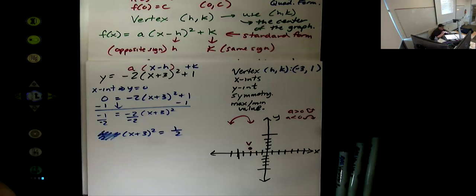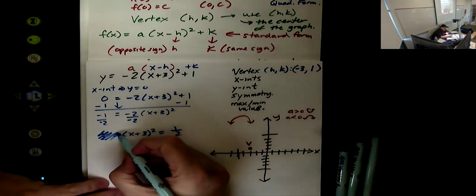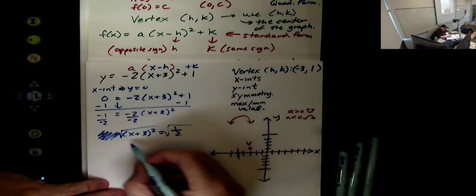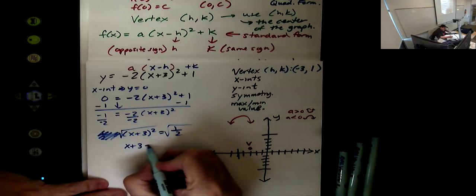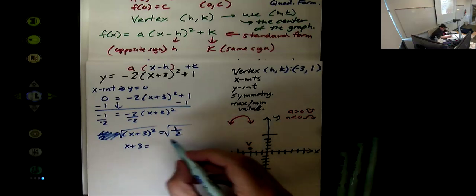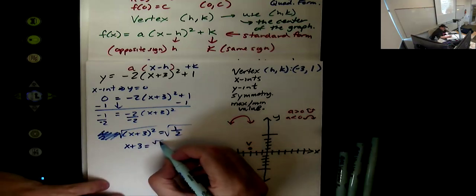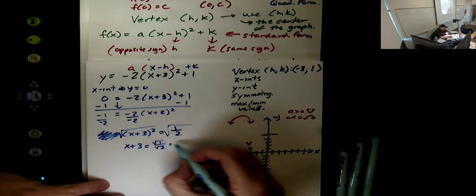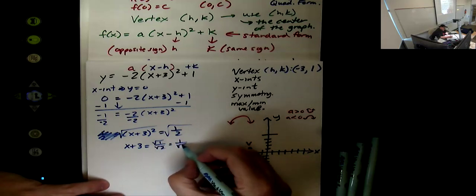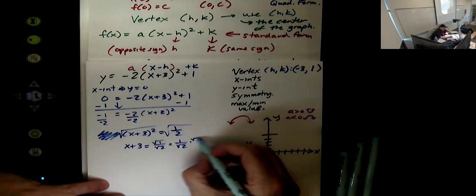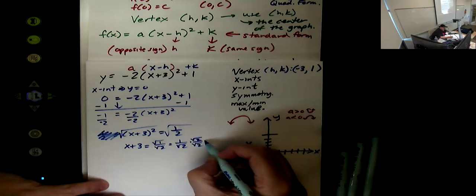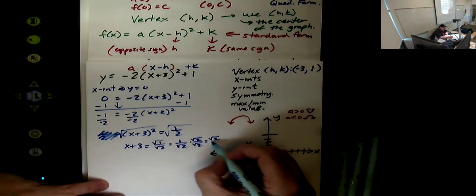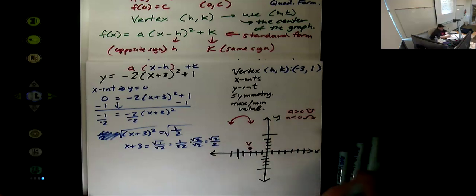What do we do from there? Take the square root of both sides. This is square root of 1 over square root of 2, which is 1 over square root of 2. And remember, when we rationalize the denominator, we want to get rid of the square roots. On the bottom, we get square root of 2 over 2.